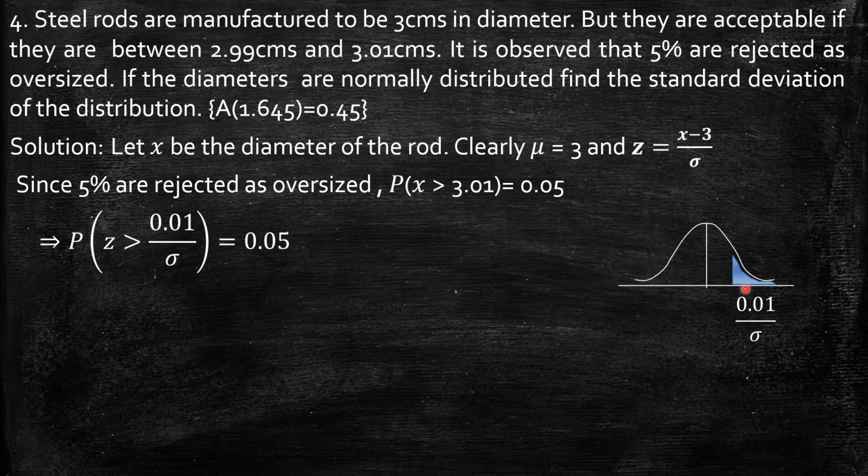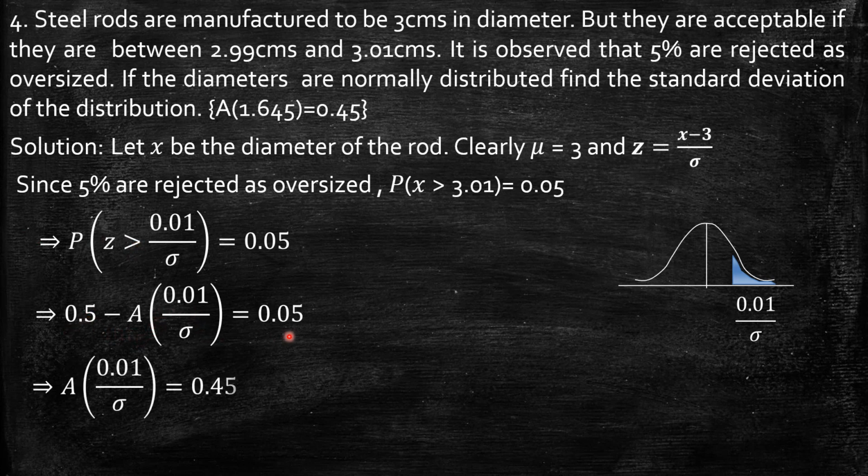To find this area, we know the total area to the right is 0.5 minus the area up to this point, that is 0 to 0.01 by sigma, meaning A of 0.01 by sigma. So this probability is 0.5 minus A of 0.01 by sigma, which is 0.05. Rearranging, we get A of 0.01 by sigma equal to 0.5 minus 0.05, which is 0.45.